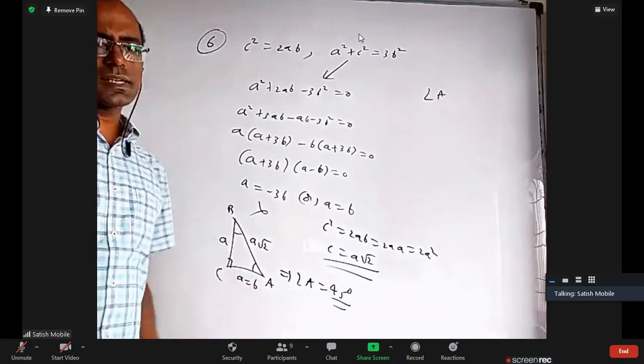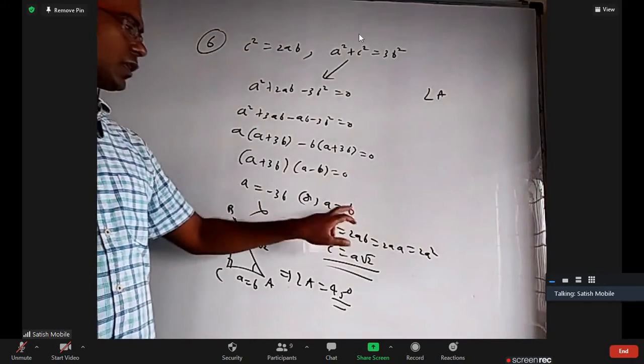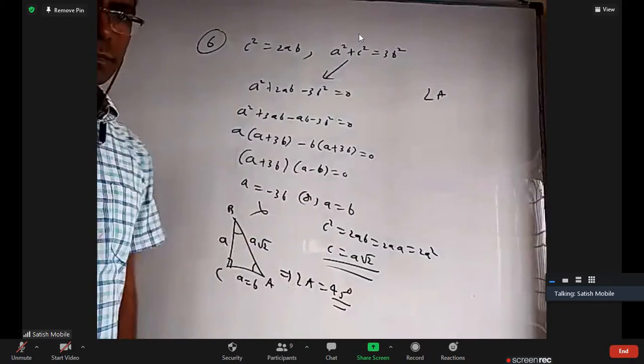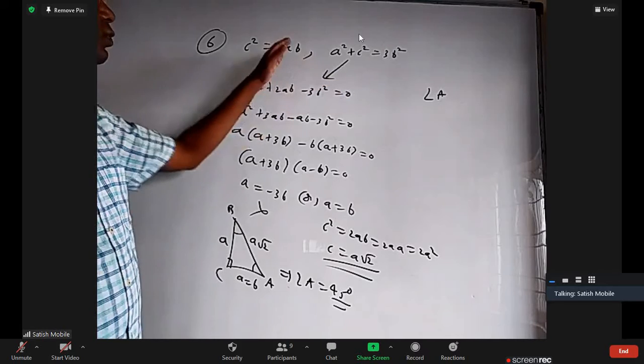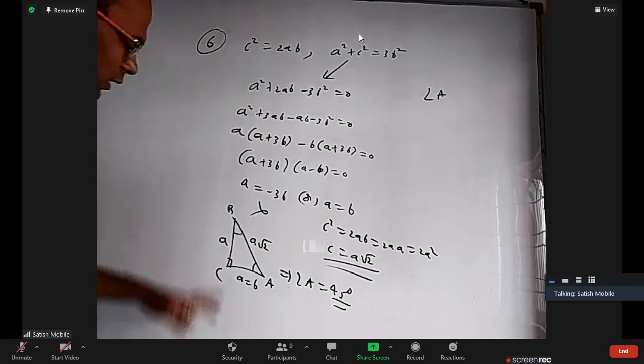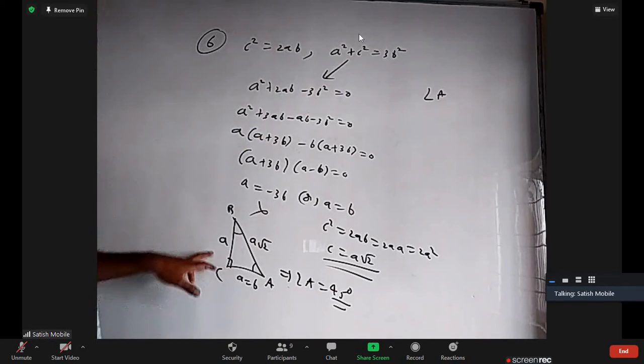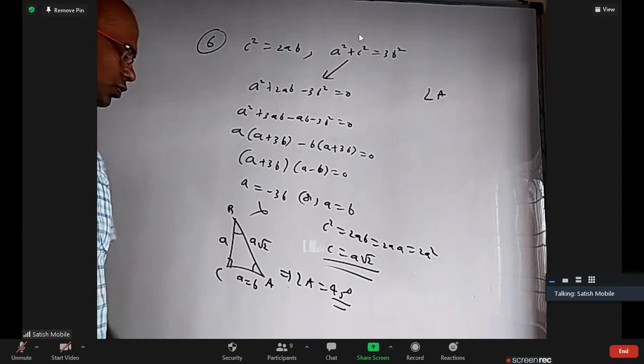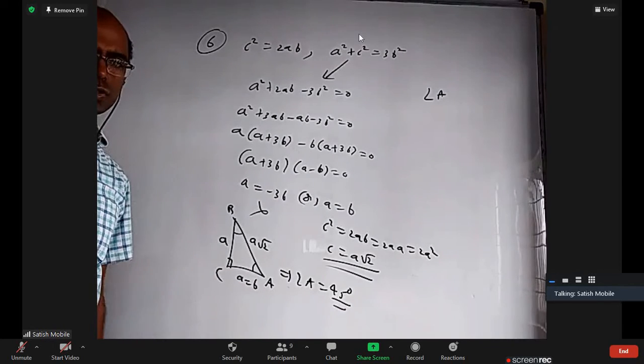This question can be slightly different where, let us say, instead of A equal to B, I got A equal to 2B or something. Then I would have kept that 2B here and got some other relation. It may not be a right angle triangle, but I'll get everything in terms of A. I can use the cosine rule to find the angle also. I think we can create a new question.